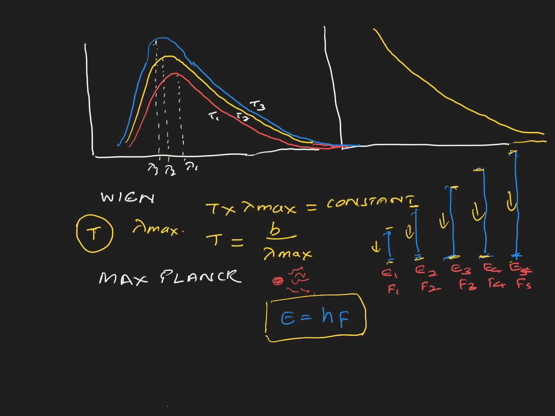And from there, Einstein developed another idea, the photoelectric effect, where he came up with the equation that the emitted electrons will have a kinetic energy equal to hf minus the work function. So sometimes people get confused between these two formulas.